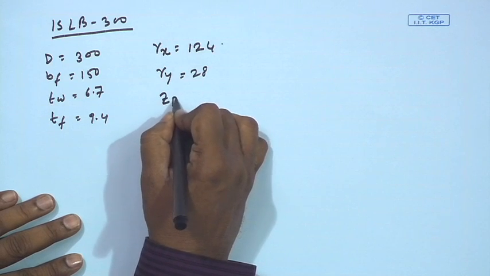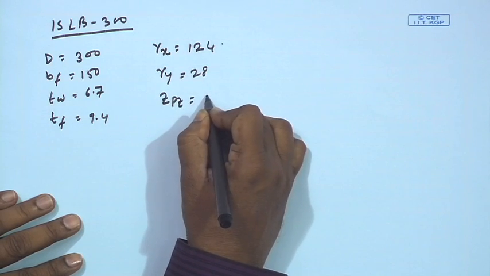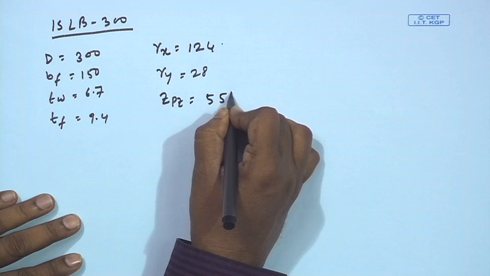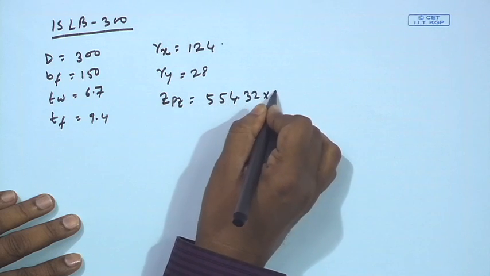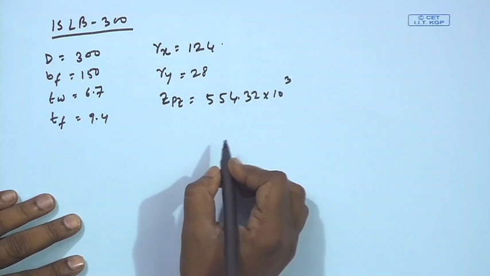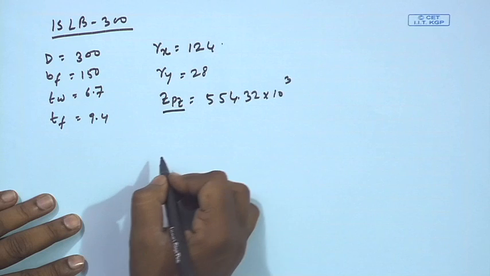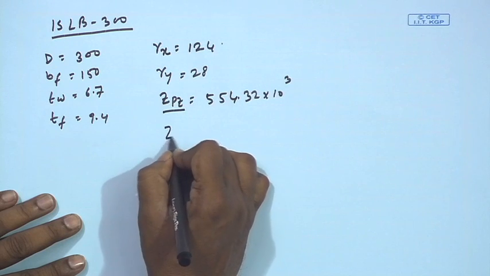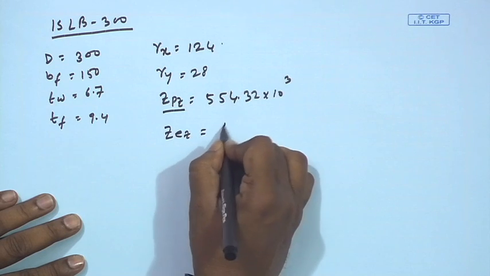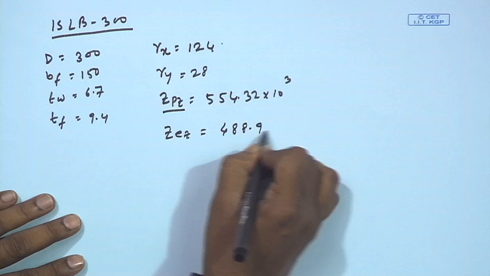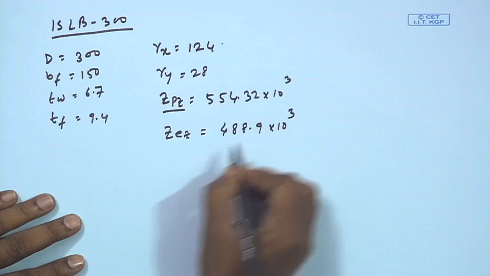Then the ZPZ value we can find as 554.32 into 10 cube millimeter cube. This is the plastic section modulus, and the elastic section modulus we can find as 488.9 into 10 cube millimeter cube.